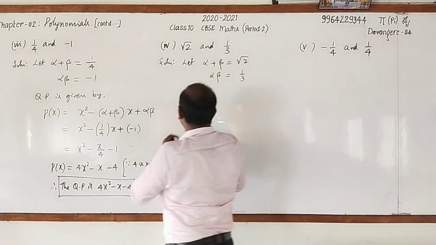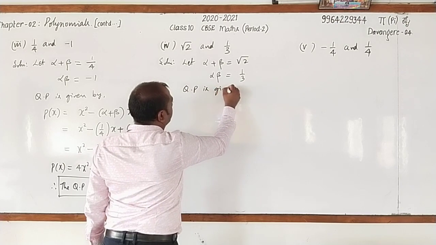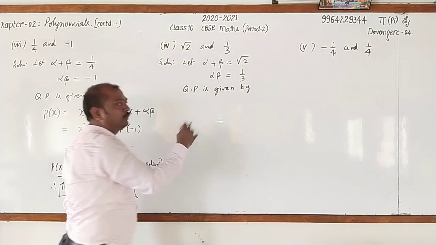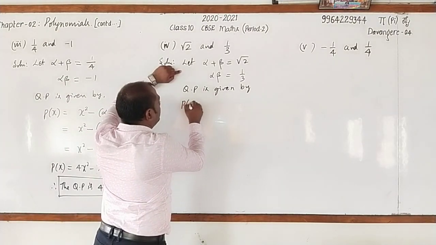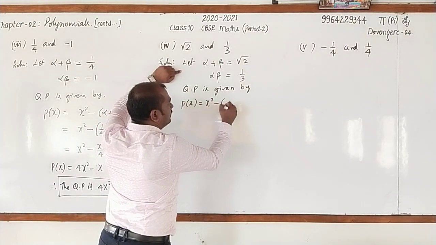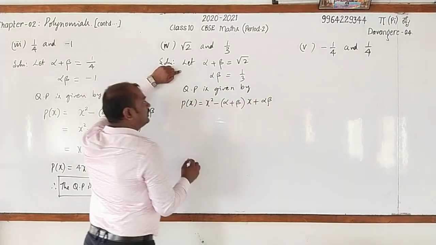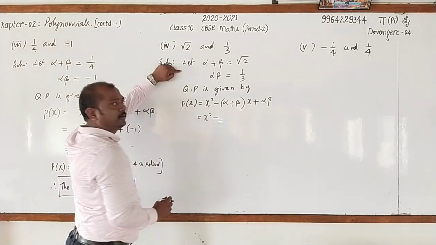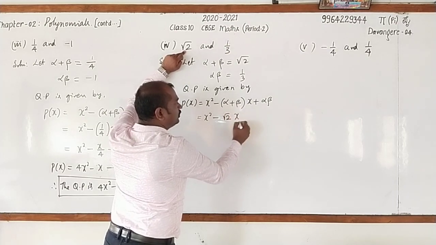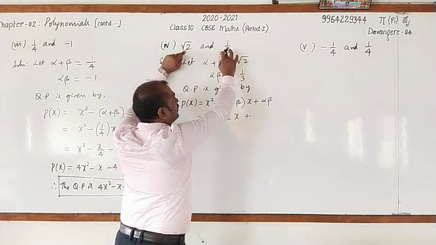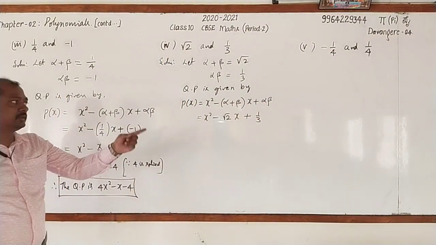Next. The quadratic polynomial is given by, or else you can write, we know that P of x equal to this one. Here I'll write P of x is equal to x square minus of alpha plus beta into x plus alpha beta. It is equal to x square minus of, what is alpha plus beta? It is root 2 into x plus alpha into beta, it is 1 by 3. Now observe the denominator, 3 is there.